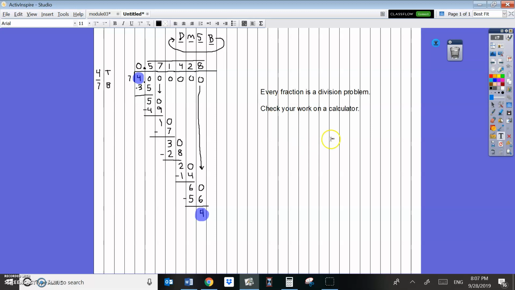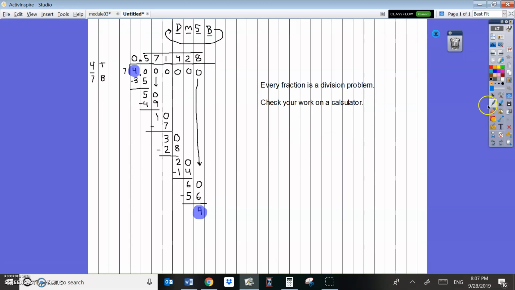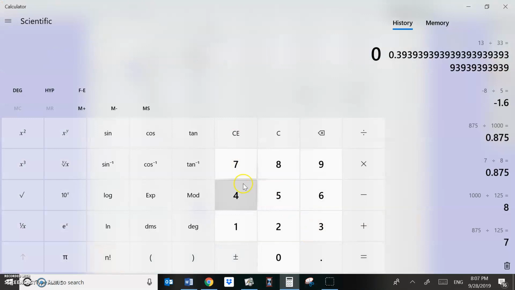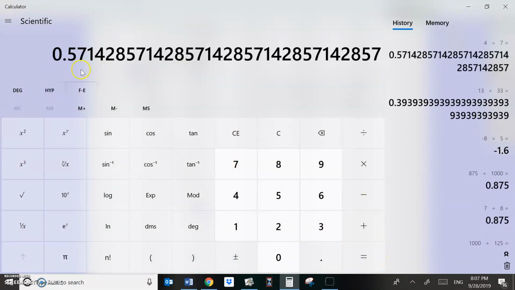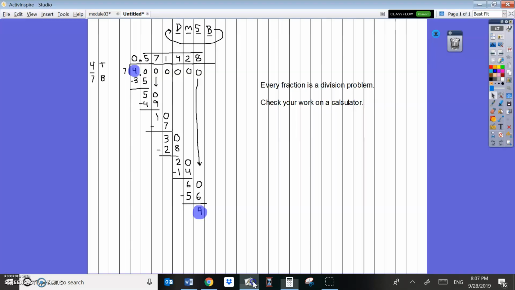So let's check the work on the calculator. 4 divided by 7 equals this. Look at the numbers here. 571428. 571428. Is that the same number that we have here? 571428. We got it.